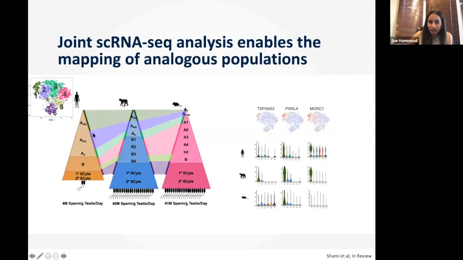So we're providing a molecular signature for each of these histological cell states, and we could link molecularly equivalent histological states across species. This is going to be really important for providing information on expanding human and primate spermatogonial stem cells in vitro.